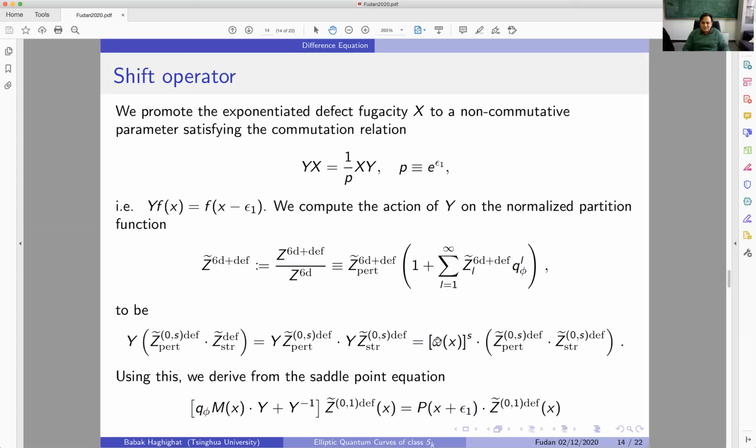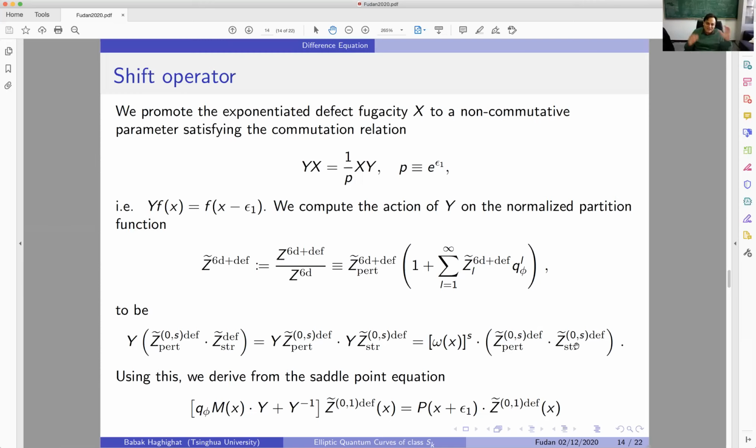So this omega suddenly pops up here. Said differently, let's fix the defect to be of type 0,1, so S is just 1. Then you see that the ratio of y applied on this, divided by this, is just omega. So omega is the ratio of y applied to the defect partition function divided by the original defect partition function.